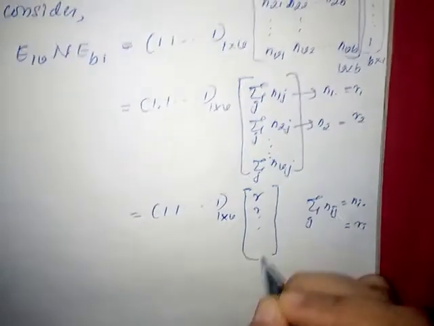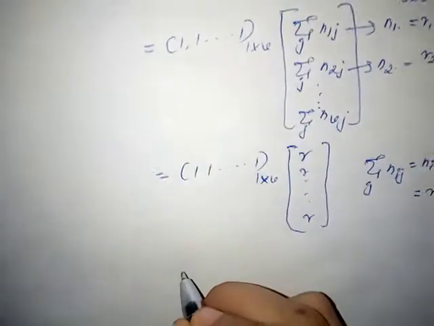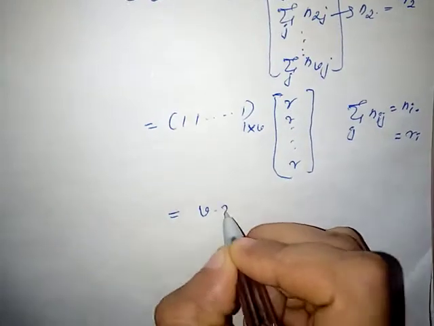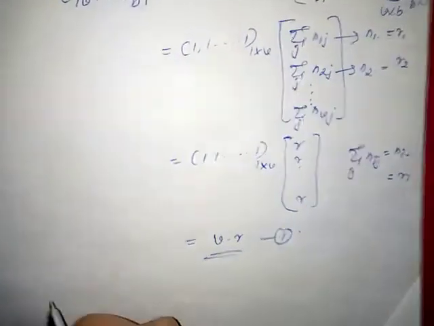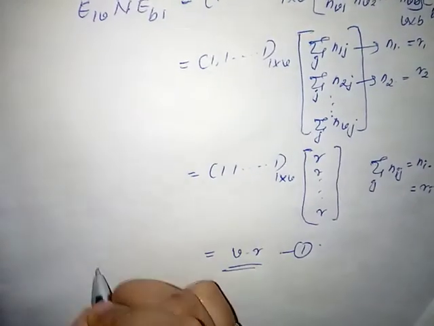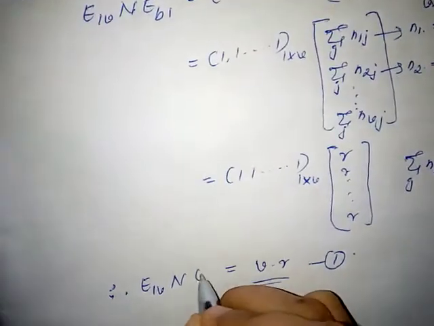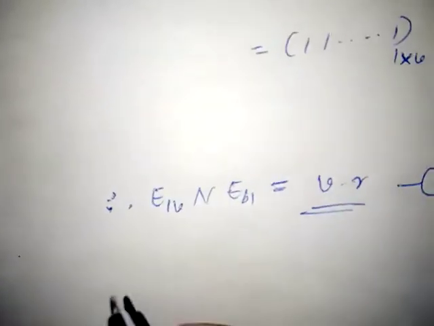Similarly, we can get this, which is equal to v into r. Equation 1, that is e1v into N into eb1 equal to v into r. Equation 1.